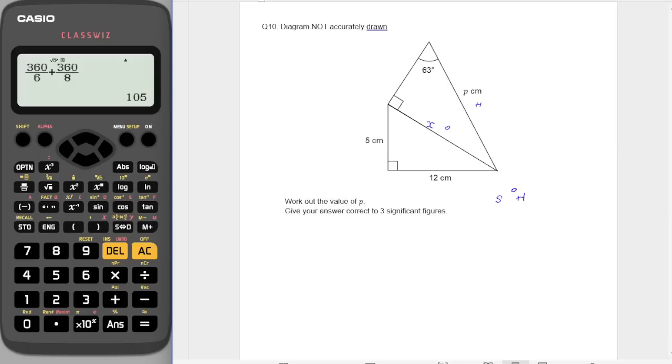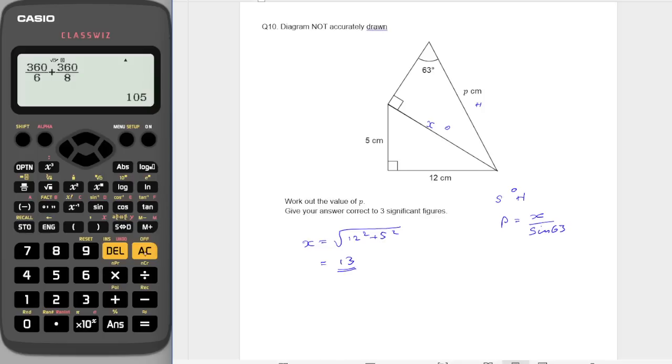The version I'm trying to work out is the hypotenuse, so P would be equal to the opposite, X, divided by sine of the angle, so sine 63. And X is going to be equal to, I'm going to have to use Pythagoras for this, so it's going to be the square root of 12 squared plus 5 squared, which is going to be 13. We've got a Pythagorean triple there.